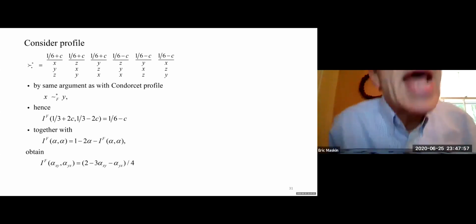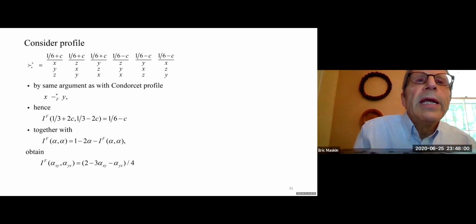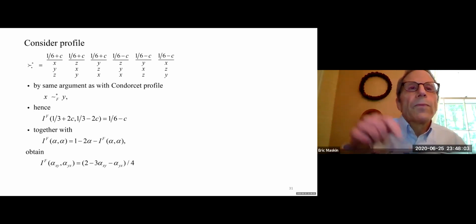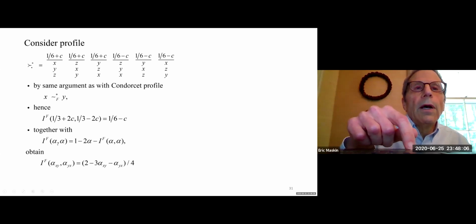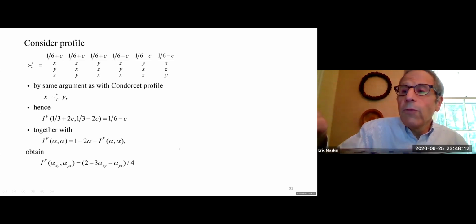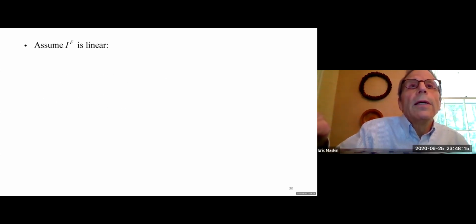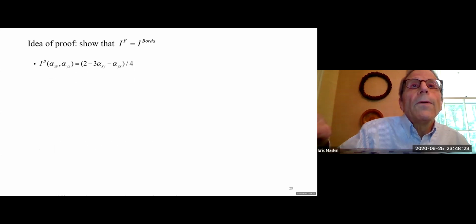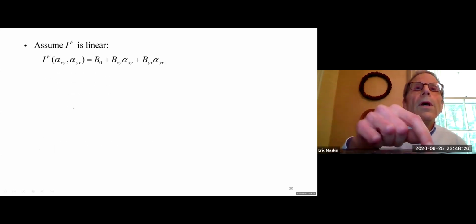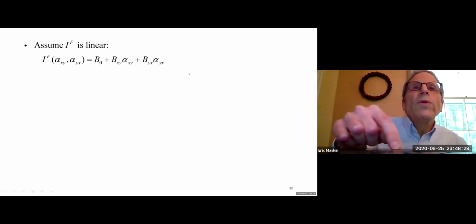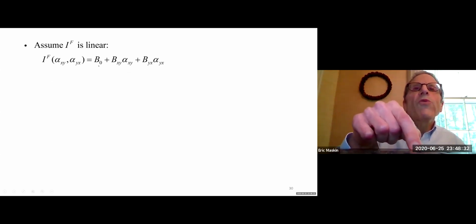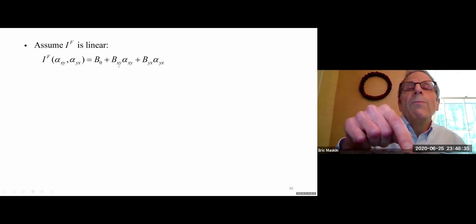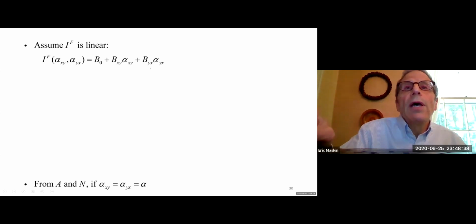But notice that we now have two linear equations, and if we go back to this equation, we have two linear equations. We have three unknowns, b naught, bxy, byx.